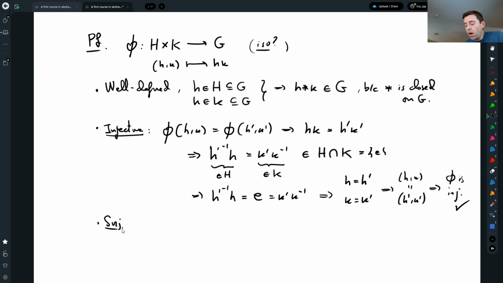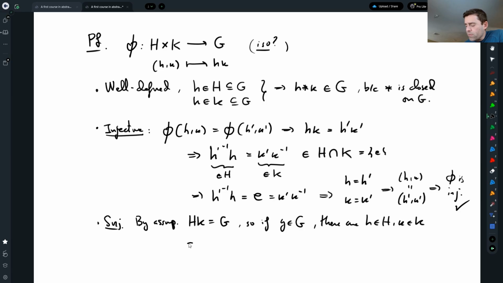Is it surjective? Well, yes, because by assumption we have that HK is G. So if g is in G, there are some h in H and some k in K such that g is hk.